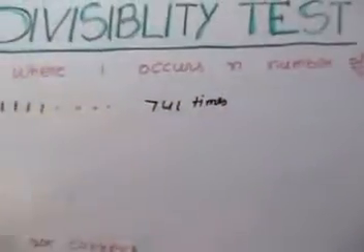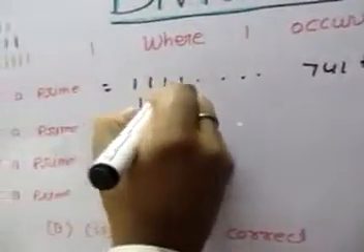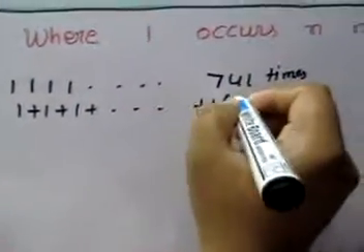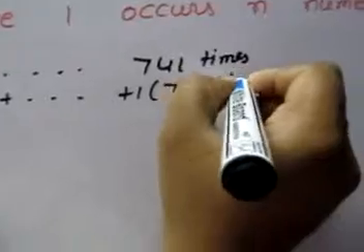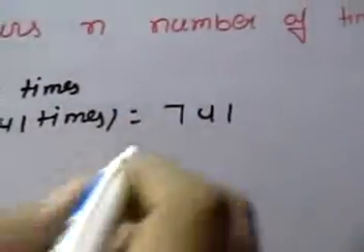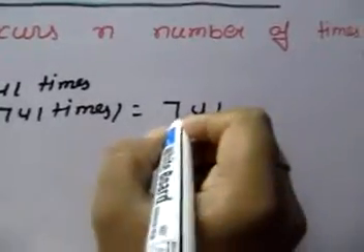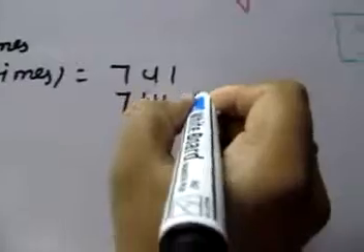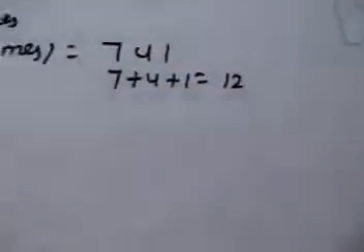So the summation of digits is 1 plus 1 plus 1 plus 1, 741 times, hence the summation of the digits is equal to 741. Now we all know 741 is divisible by 3, because the summation of digits 7 plus 4 plus 1 is equal to 12, which is divisible by 3.